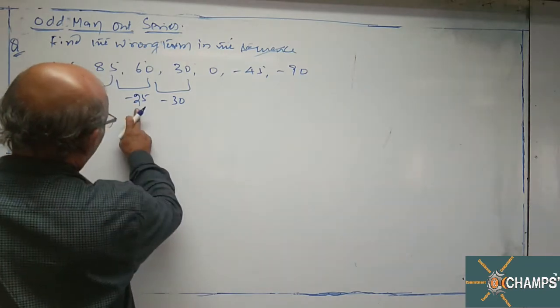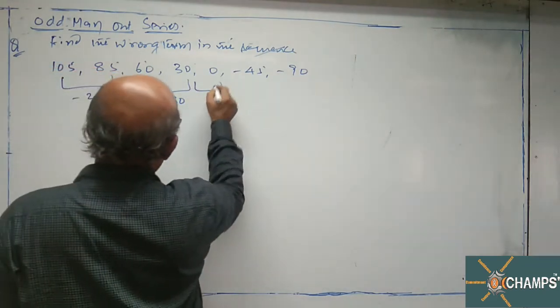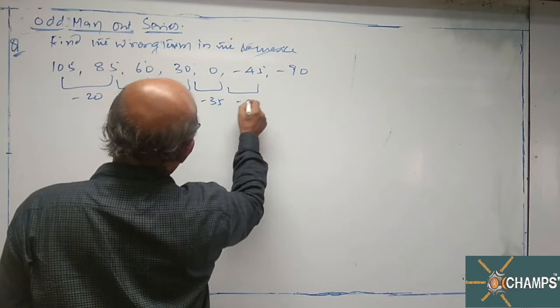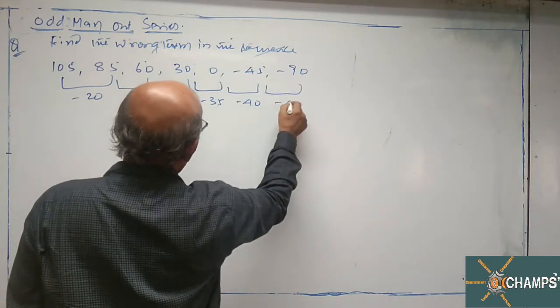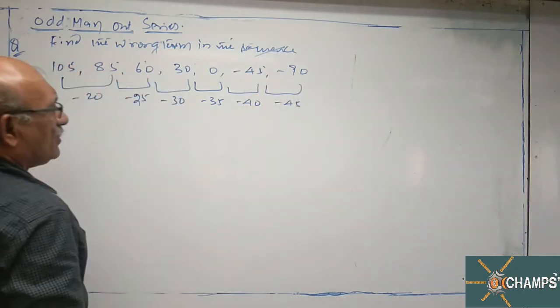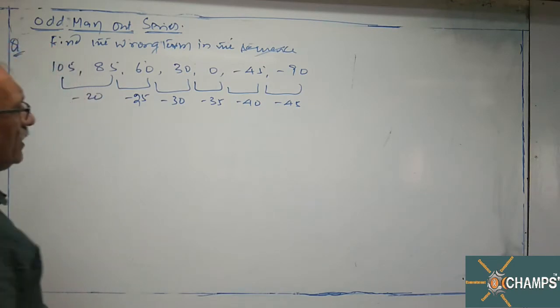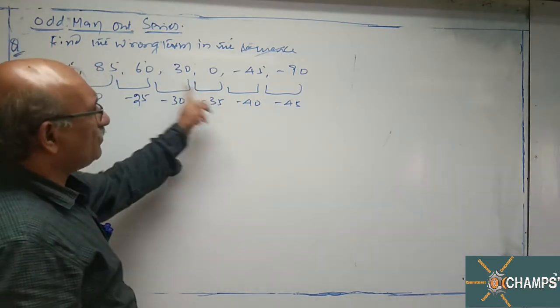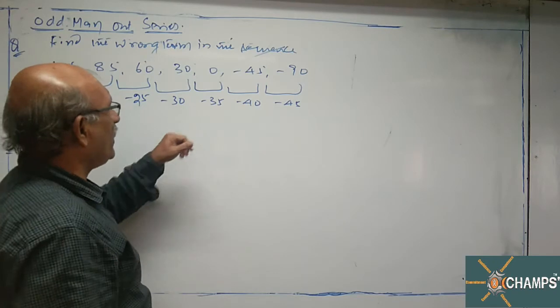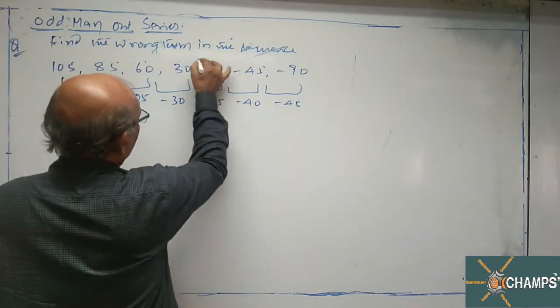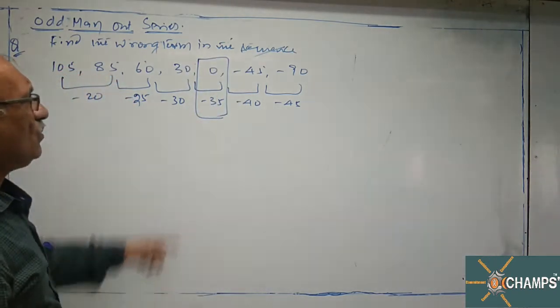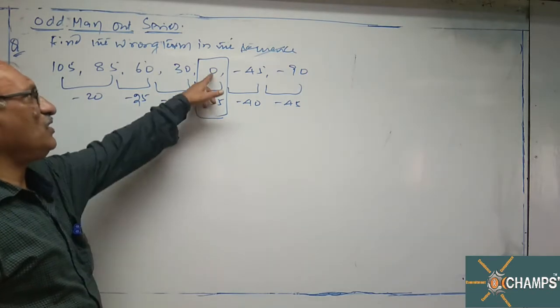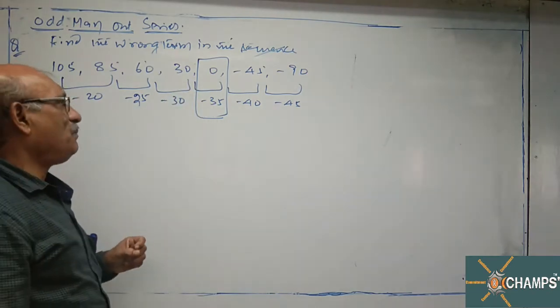Again minus 20, minus 25, minus 30 means it should be minus 35, then it should be minus 40, then it is minus 45. This is the difference. Now with which term is the given sequence not following this pattern, sir? With this 0. This is not equal to minus 35. 0 minus 30 is not minus 35.